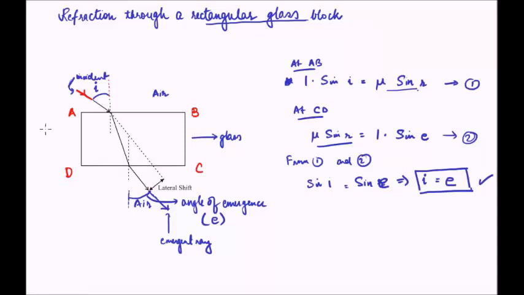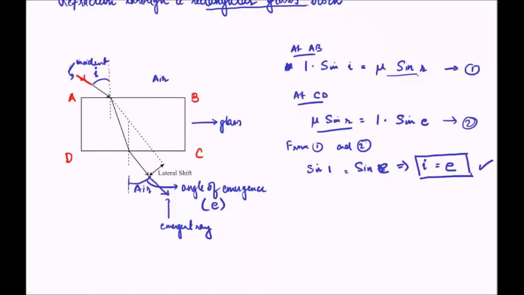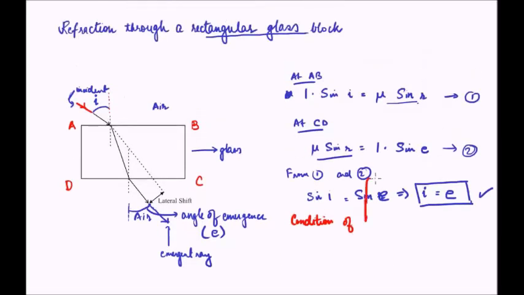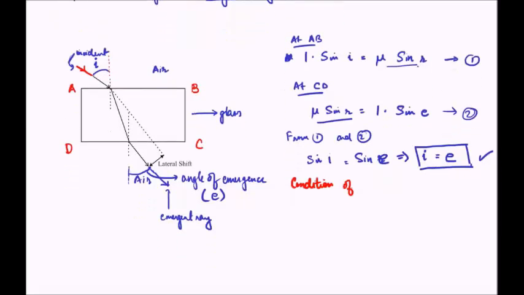So this shift in the path is known as the lateral shift. So lateral shift is the amount of path the ray of light has deviated due to the presence of the glass slab, the rectangular glass slab, right?